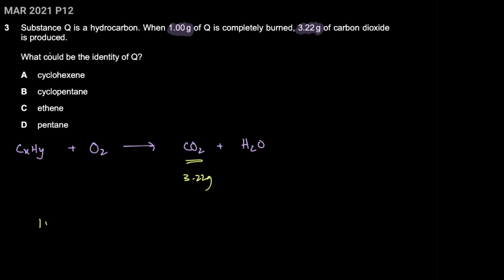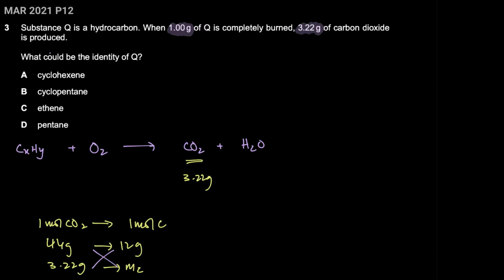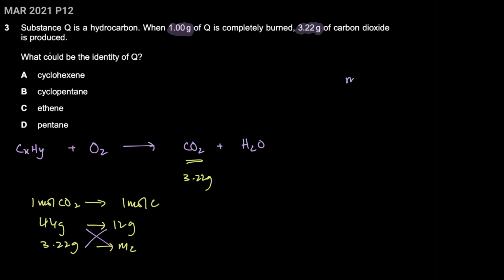We know that 1 mole of carbon dioxide consists of 1 mole of carbon. In other words, every molecule of carbon dioxide has 1 atom of carbon. That means 44 grams has 12 grams of carbon. That's just the molar masses, which means that if I have 3.22 grams, what's the mass of carbon that I get? If I solve for this, I can just cross multiply here, and I end up getting the mass of carbon as 0.878 grams.